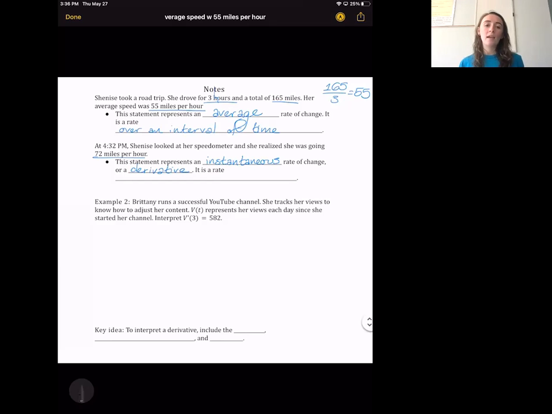So rather than being the average rate of change over a longer period of time, this is at one singular moment. At exactly 4:32 p.m., this was her speed. In that instant, that was her speed. So this is a rate at a particular moment in time.